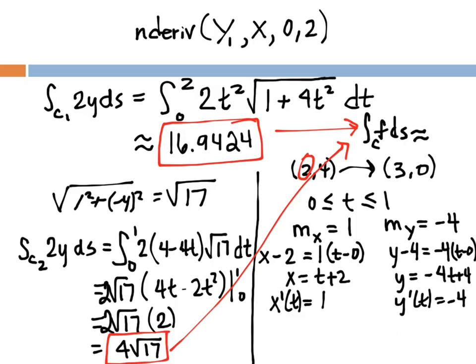Approximation, 4 decimals. 33.4348. Any questions on that one? All right.